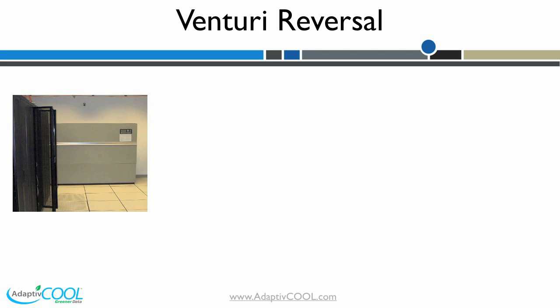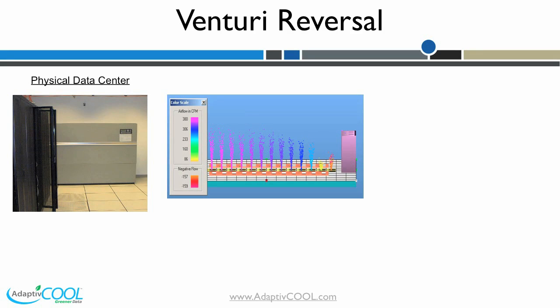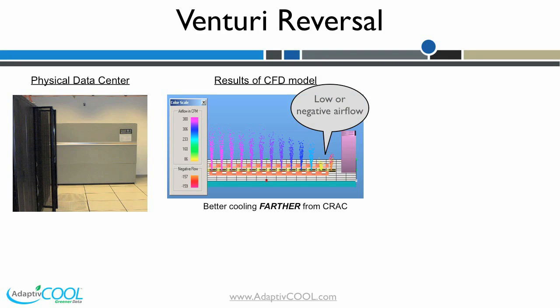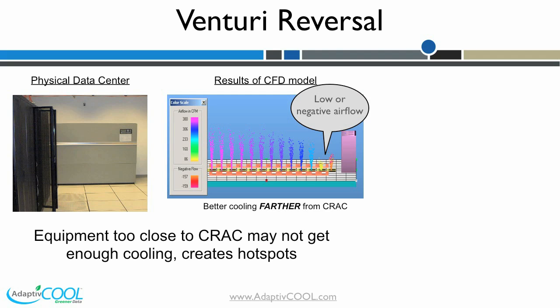Sometimes, high-power racks are placed closer to the CRACs for higher cold air availability, but these racks still run hot. The primary reason is that high-speed underfloor airflow near the CRACs causes lower underfloor pressure due to the Venturi effect. This could be so significant that room air can flow into the floor.